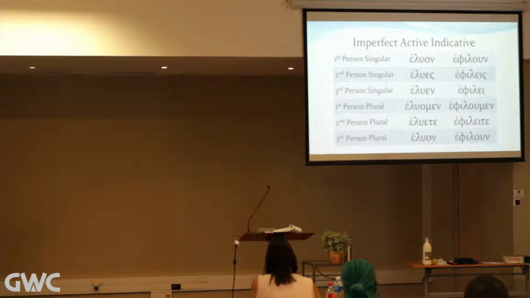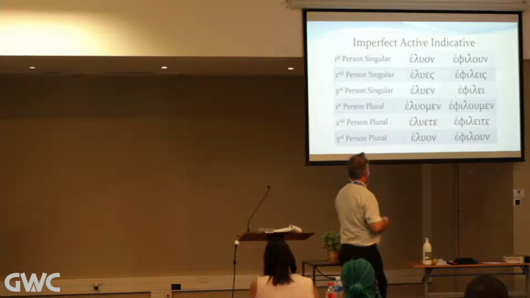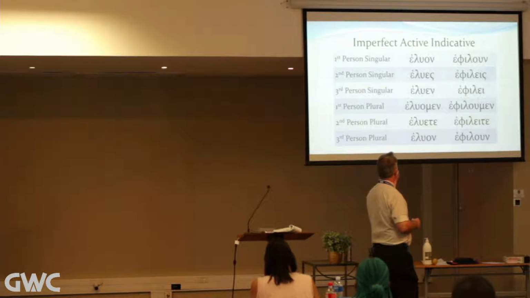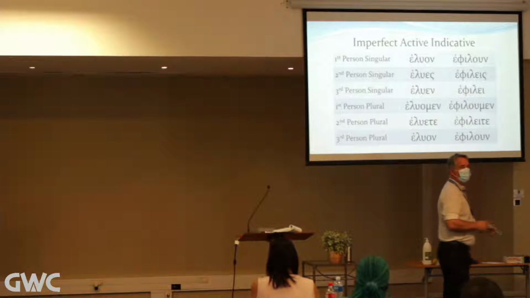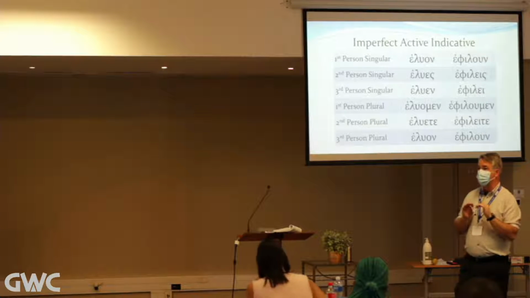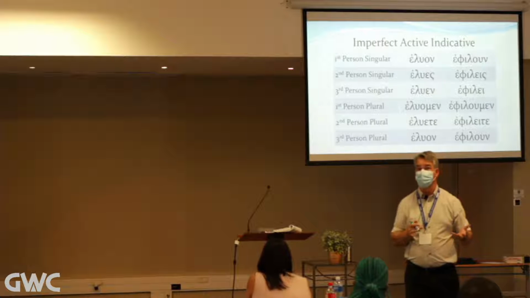But the nu is dropped off. We'll come back to that in a second. Eluomen, ephilumen, eluete, ephilaite, eluon, ephiloun, right? Okay, so I could take my EO rules that I know well, and I could apply them to the imperfect paradigm that we just learned as well, right?